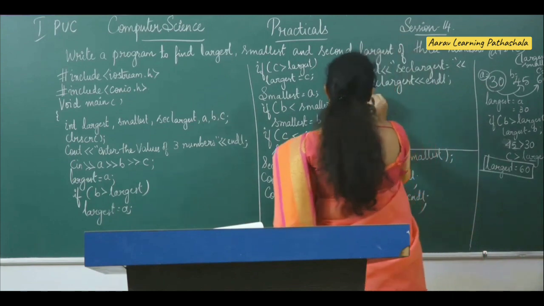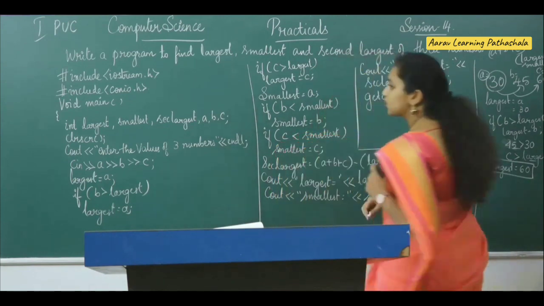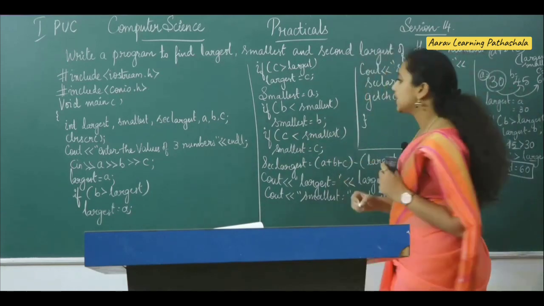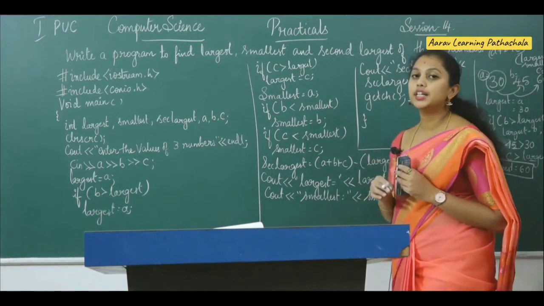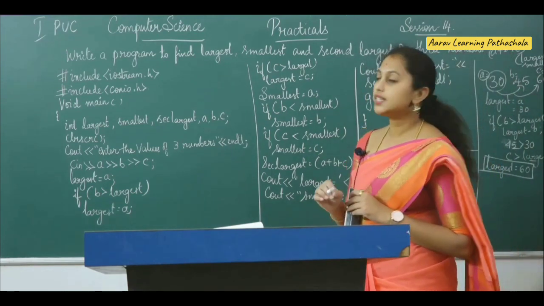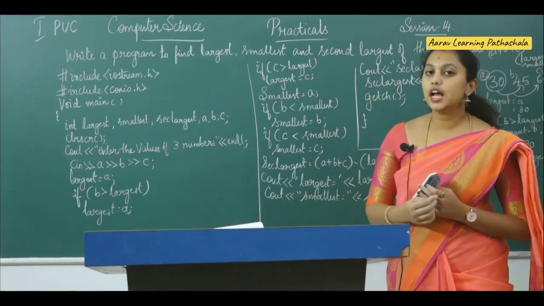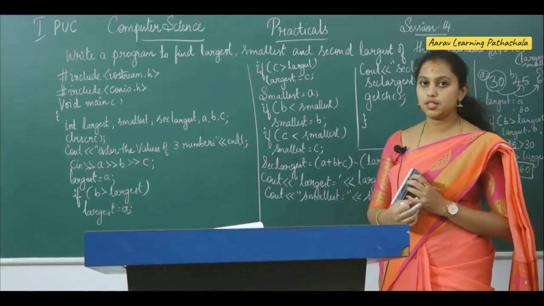Endl. The getch function holds the output screen until the user presses any key on the keyboard. Close the main function. So this is the program to find largest, smallest and second largest of three numbers. Now let's see how to execute this program in Turbo C++.